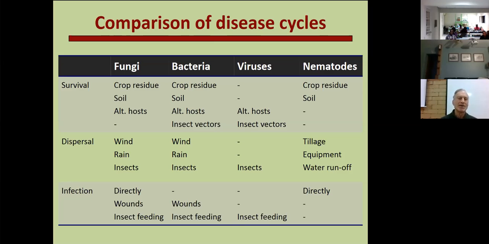That's how the pathogen gets from one plant to another. Other bacteria can be blown in the wind or splashed by rain. And then for the bacteria to get into the plant to cause disease, there has to be some kind of opening. It can't just push itself in like a fungus can.